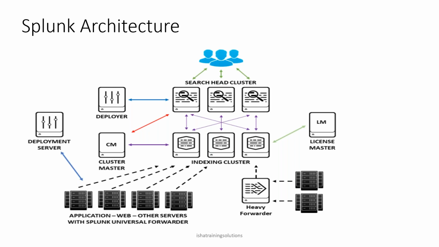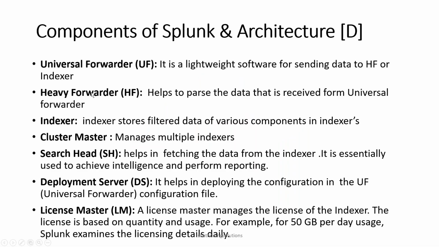What we will do is introduce this heavy forwarder, and it will take care of parsing the log files that are generated. It can discard some text or some pattern, or it can get only the data that is specified into the indexer. That is the need of the heavy forwarder.